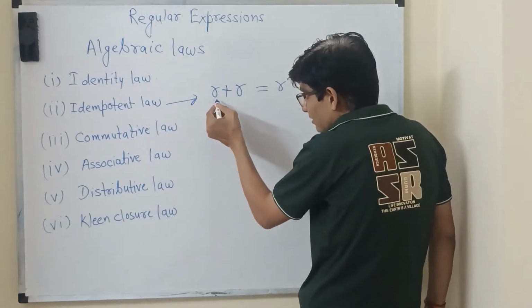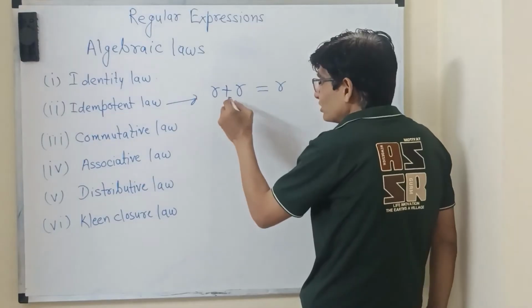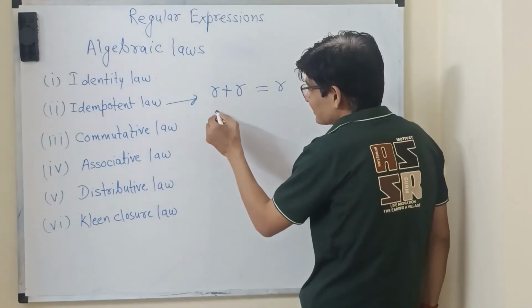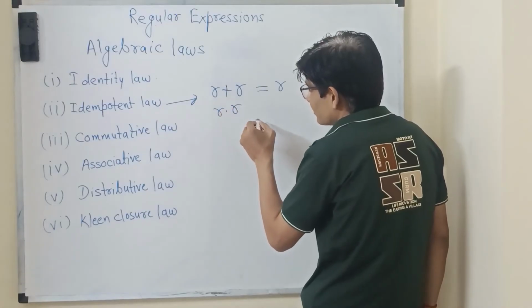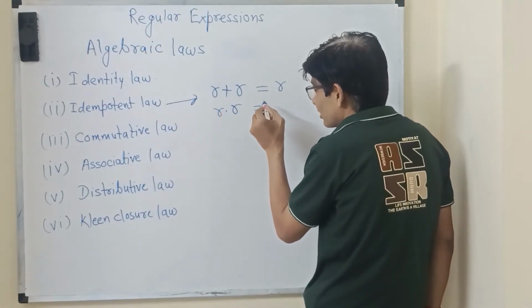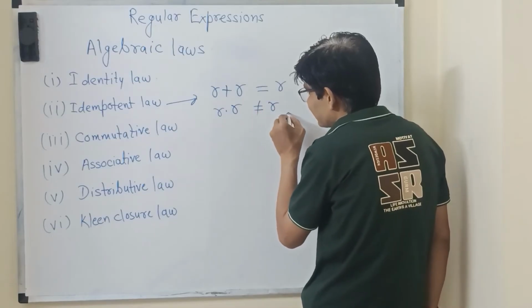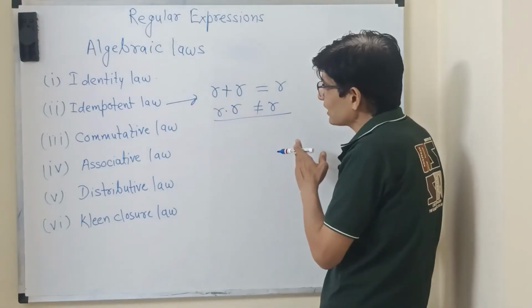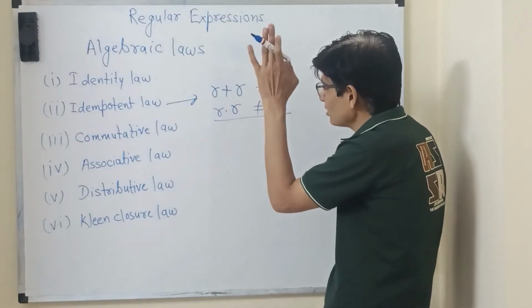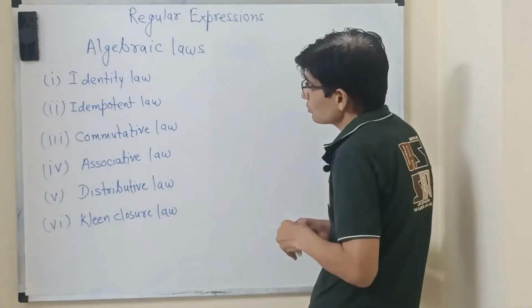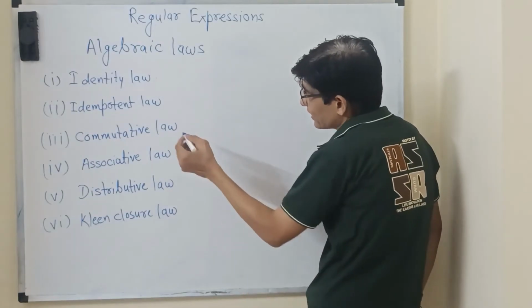Now this law holds for union, but it doesn't hold for concatenation. So R dot R is not equal to R. This law is not true for the concatenation operation.